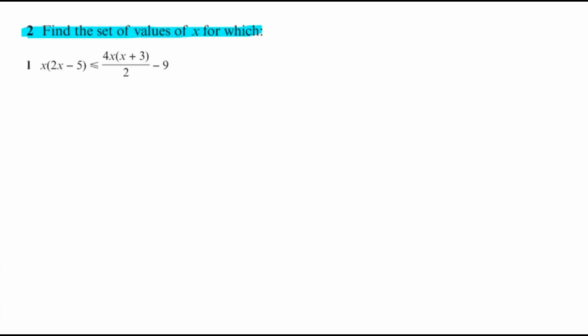Find the set of values of x for which x into 2x minus 5 is less than or equal to 4x into x plus 3 over 2 minus 9. We have to do exactly how we are solving equations. First expand this bracket. So we will get 2x squared minus 5x less than or equal to 4x squared plus 12x over 2 minus 9.